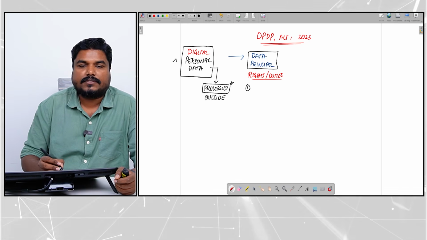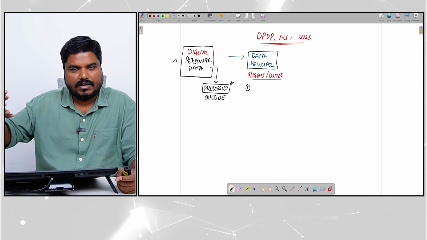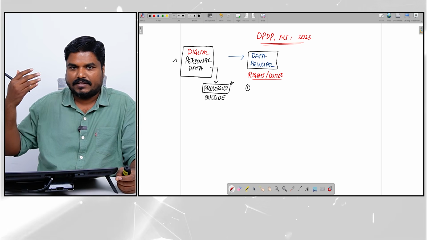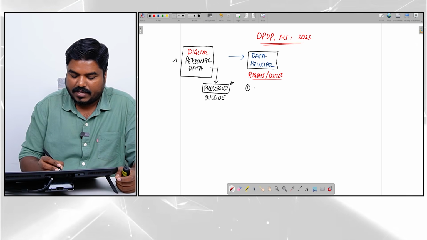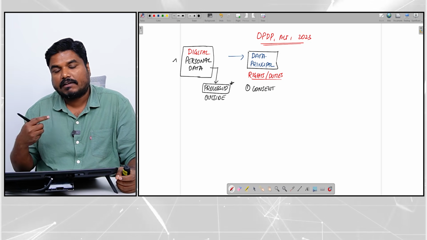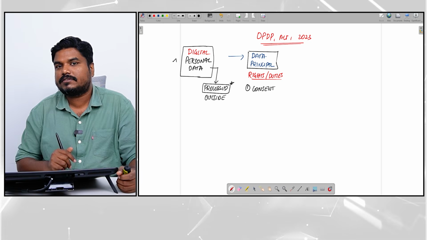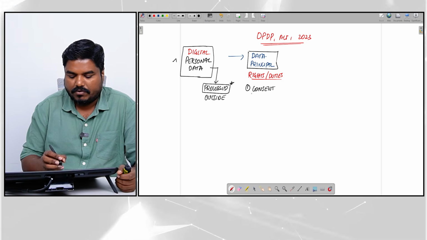So what rights, sir? Let's assume that my data is with Swiggy, with my college, with different places. When Swiggy wants to process my data, they have to get my consent. That is my right. Swiggy might have my data, Airtel might have my data, but they have to get my consent, or else they cannot process my data. So consent is very, very important.